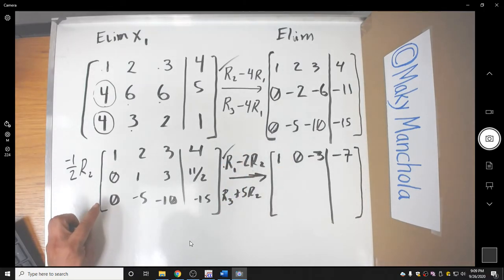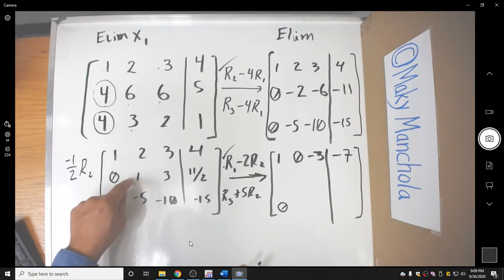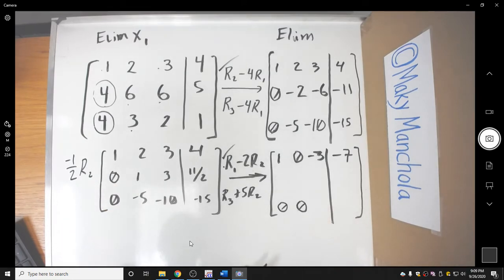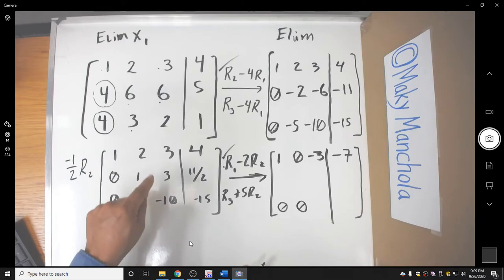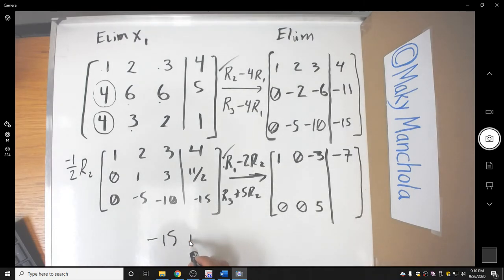Now, 0 plus 5 times 0 is 0. Negative 5 plus 5 times 1 is 0. Negative 10 plus 15, because 5 times 3 is 15. Negative 10 plus 15 is 5. Negative 15 plus 55 halves, because 5 times 11 over 2 is 55 halves.